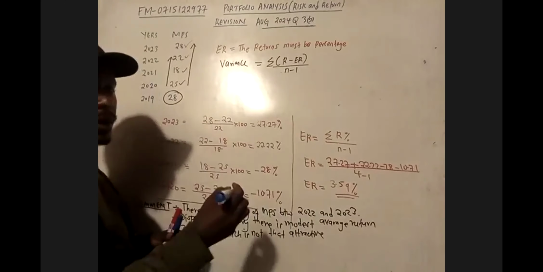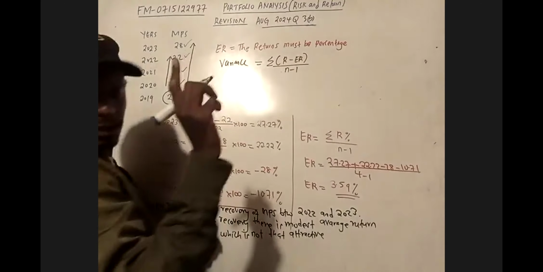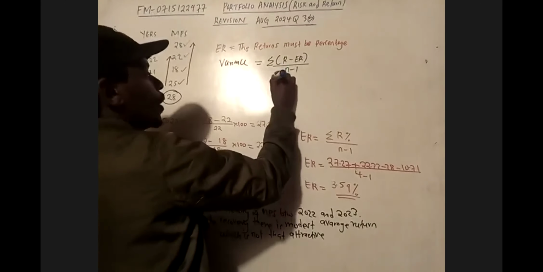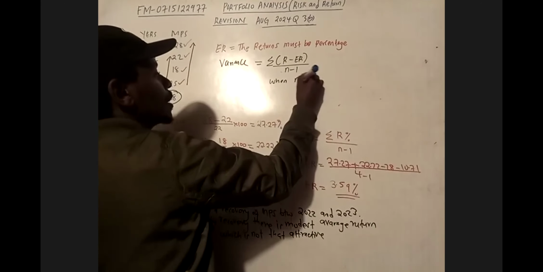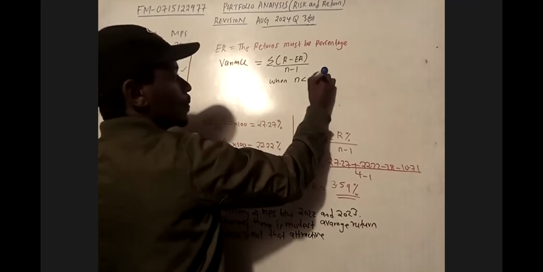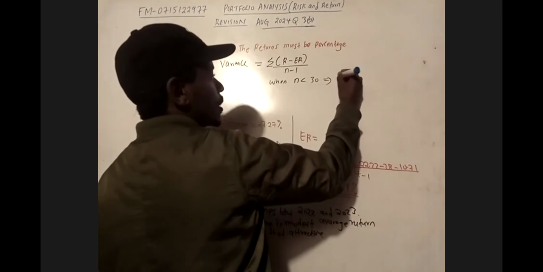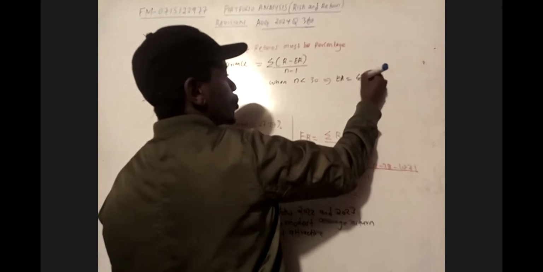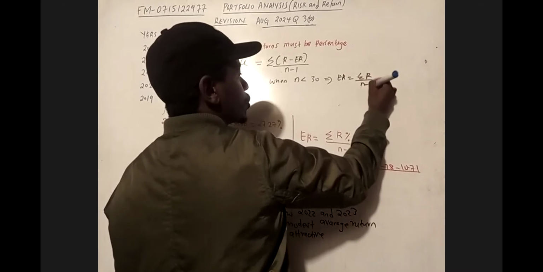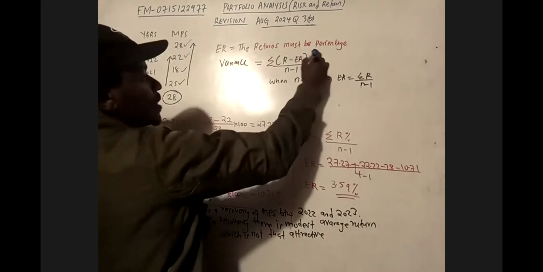Now remember, there's something you need to know. When n is less than 30, you divide by n minus 1. Expected return will be equal to the summation of the return over n, and the variance itakuwa hivi.